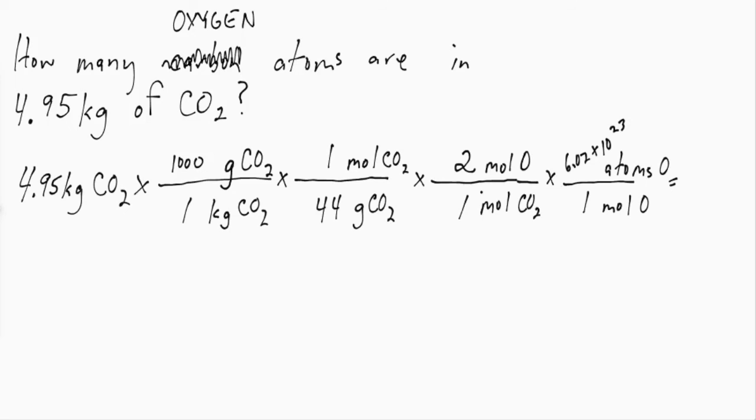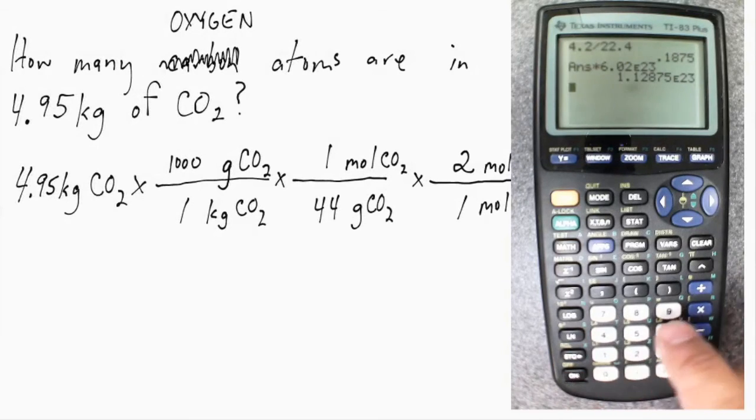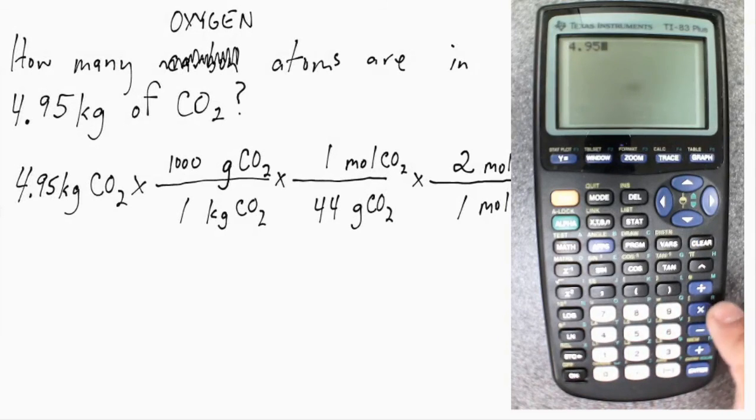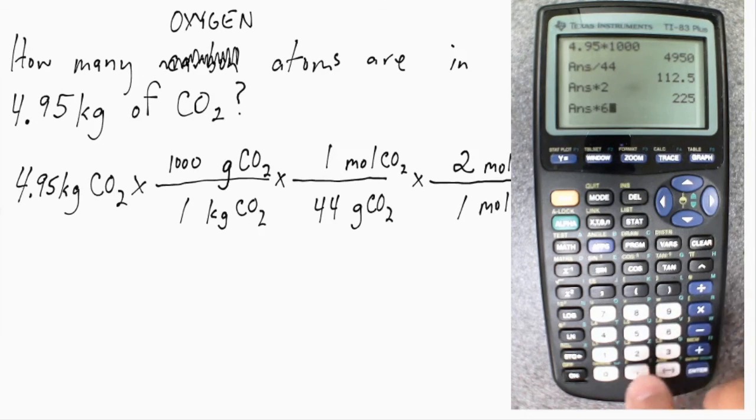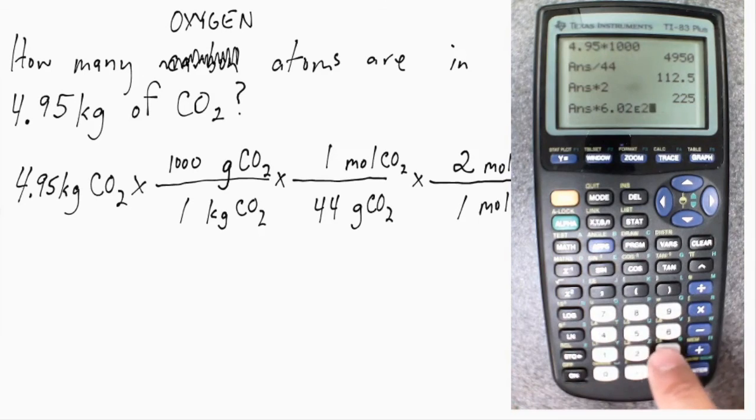Let's go ahead and punch in our numbers real quick. And let's see here. 4.95 times 1,000 divided by 44 times 2 times 6.02 second function double E 23.